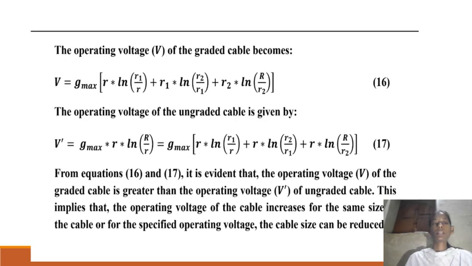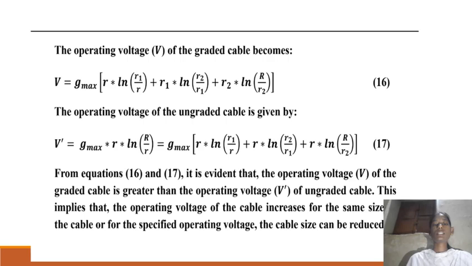The operating voltage V of the graded cable becomes V equal to G max R into ln R1 by R plus R1 into ln R2 by R1 plus R2 into ln R by R2, equation 16. The operating voltage of the ungraded cable is given by equation 17.